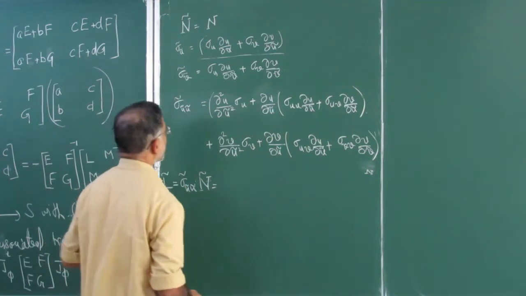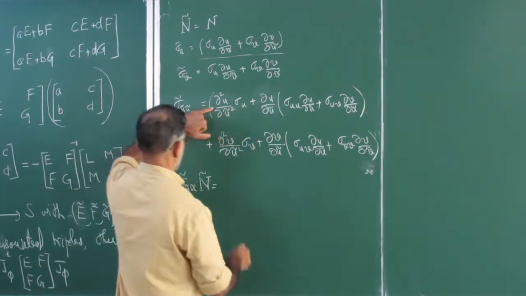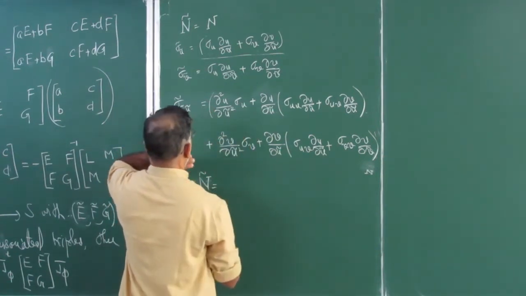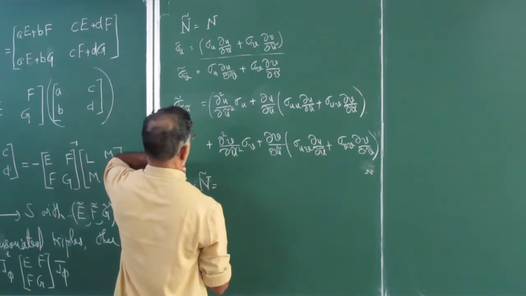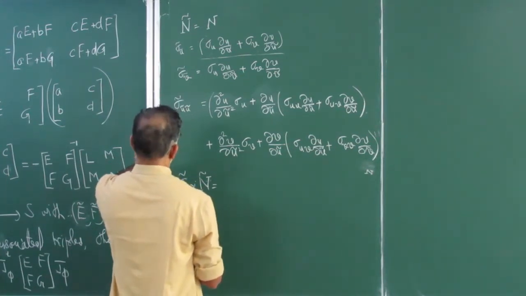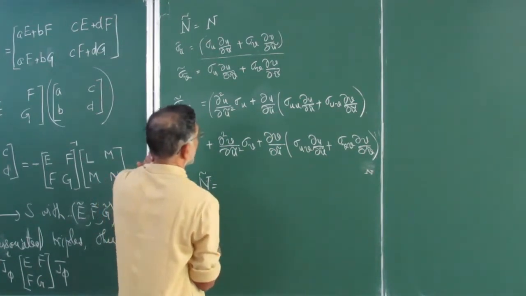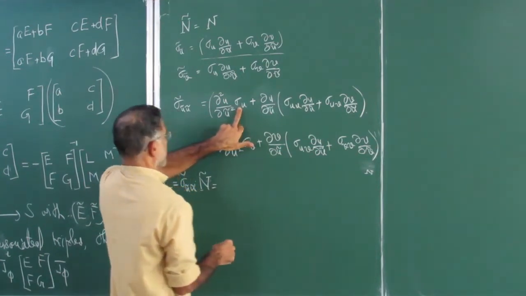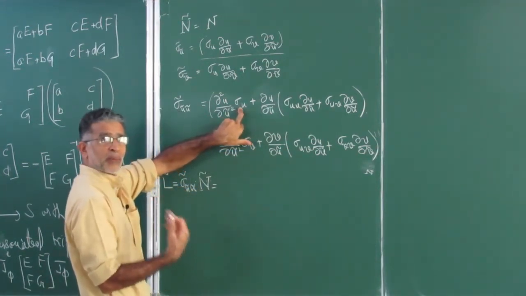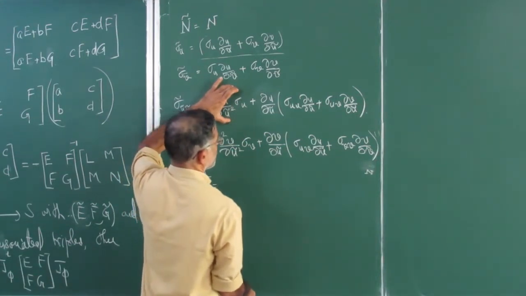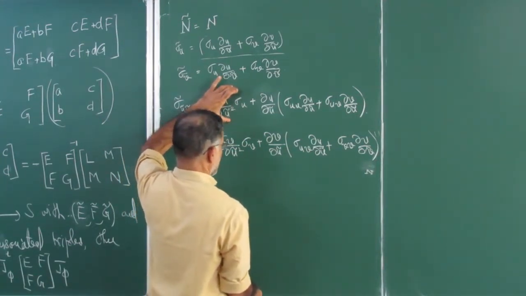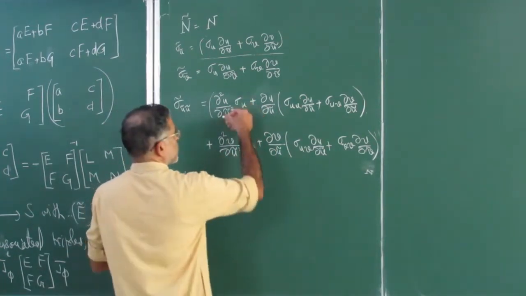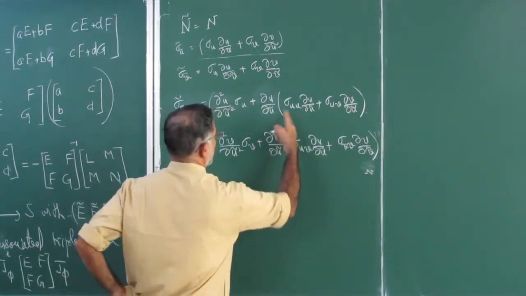First, this is quite easy. See, sigma u is a tangent vector, so the dot product with n is going to be 0. So this term won't be there. And this term also won't be there, because sigma v dot product with n is 0. So these two terms won't appear. Only these terms appear.